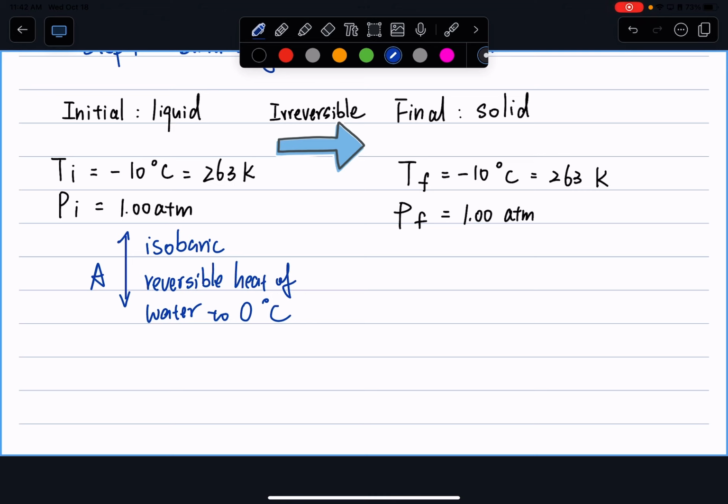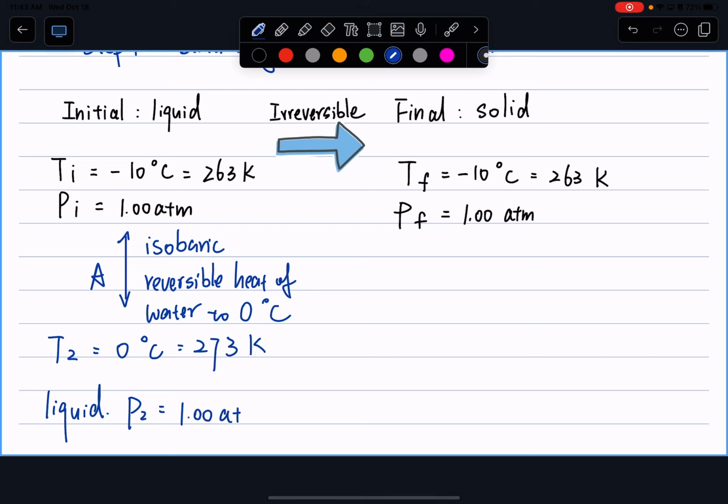Now you have supercooled water at negative 10, and we'll reversibly heat it up to 0 degrees Celsius, which can easily be done if you control the temperature or the heat source slowly enough. So in our temporary state 2, we have T2 equals 0 degrees or 273 Kelvin, my water is liquid, and P2 is 1.00 atm. That's the first step.